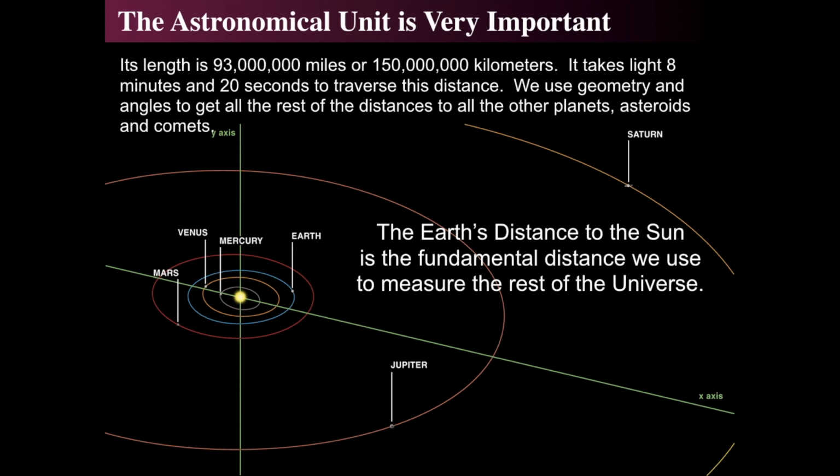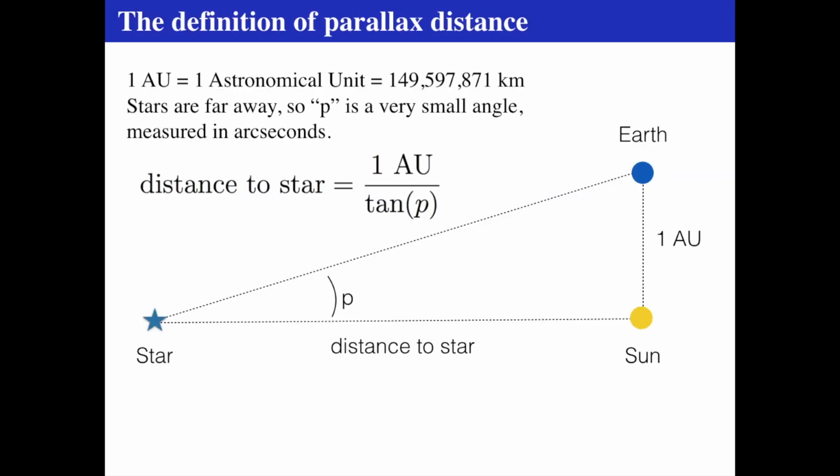And this distance definition gets us out to the planets. It allows us to find the distances of planets. It allows us to find the distances to far stars. So we use the AU and find out, well, how far is a parallax? Well, 1 astronomical unit is about 150 million kilometers, but stars are really far away, so that angle is really, really small.